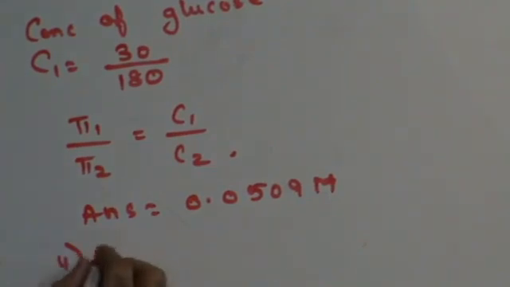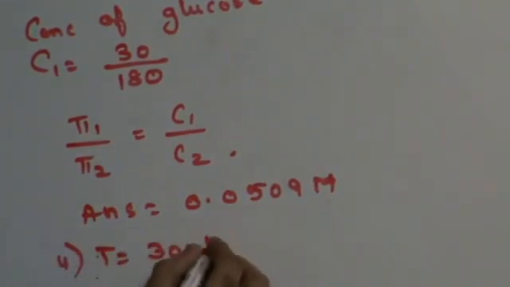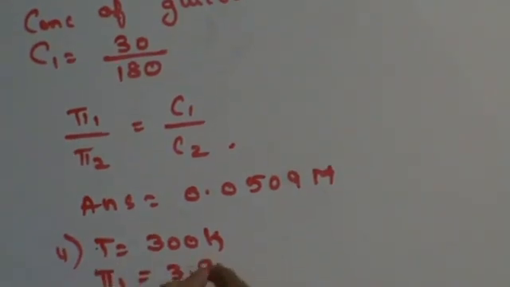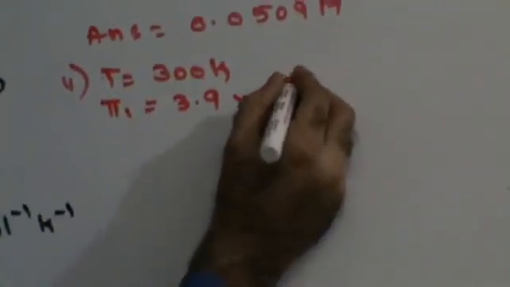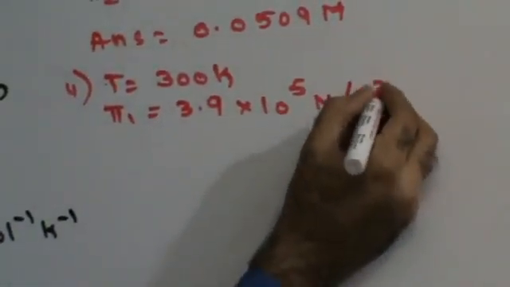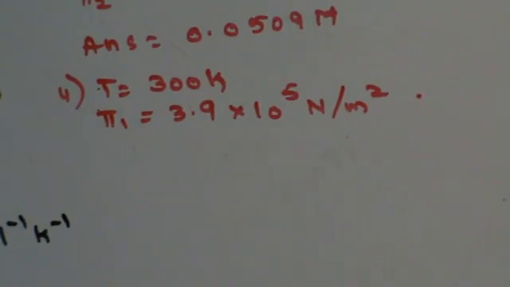At 300 Kelvin, the osmotic pressure of the solution is 3.9 into 10 raised to 5 newtons per meter square.